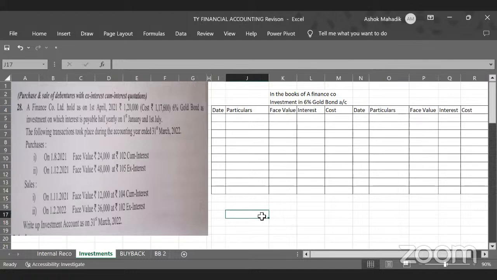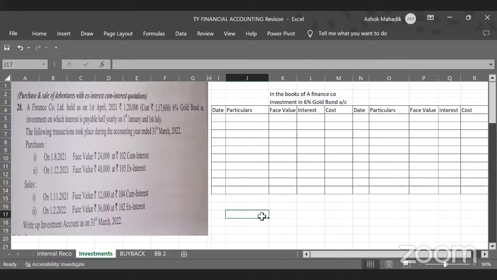First, we'll read the sum. Okay, so there was a balance on 1st April. The company is following financial year, starting on 1st April and ending on 31st March. So opening balance is given. Then we are told some transactions about purchase and sale. After opening, first transaction will be purchase on 1st August.